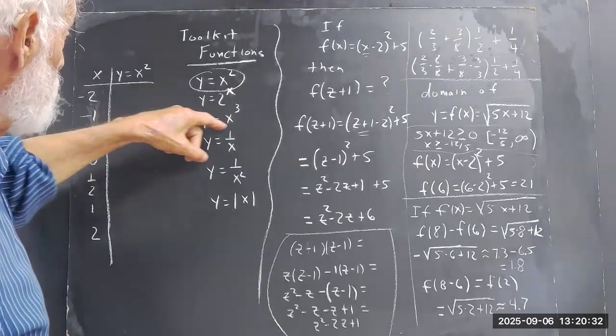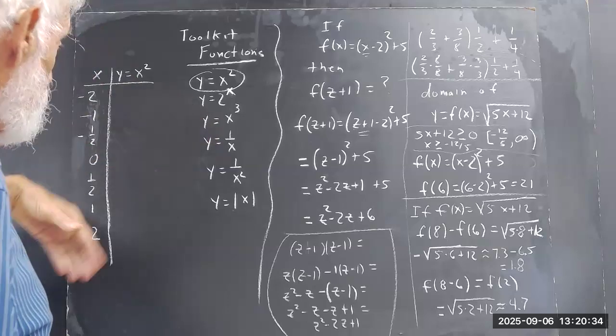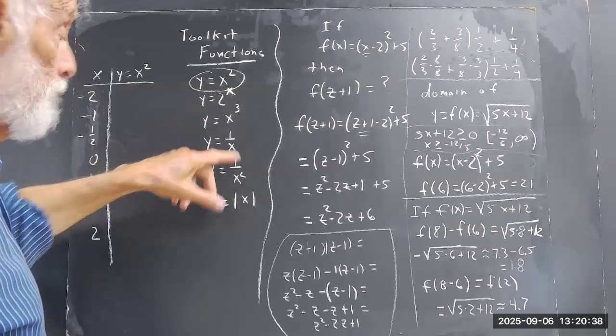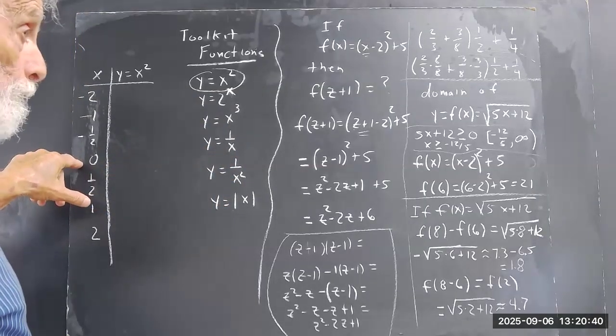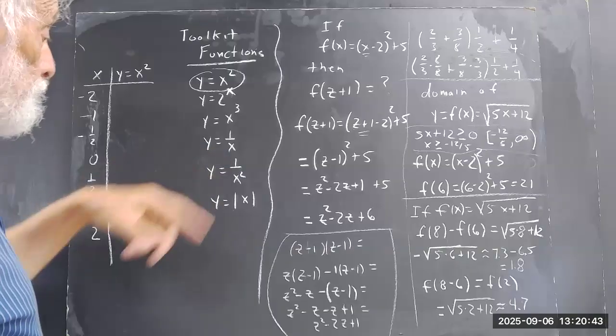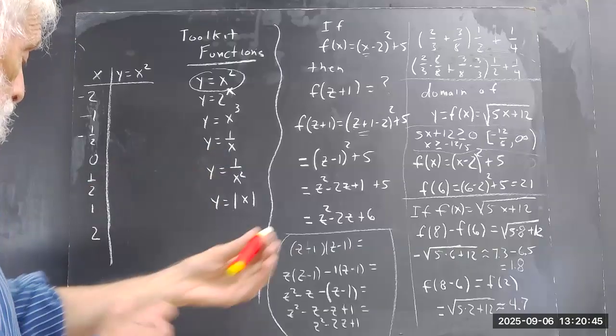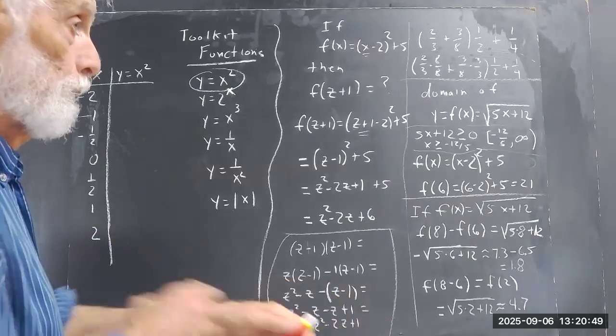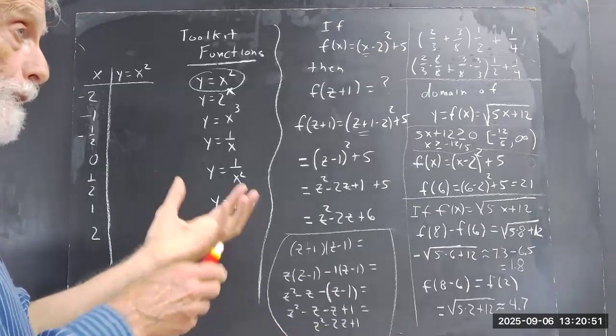Okay? Y equals x cubed, we can evaluate these, and 1 over x. Well, 1 over x can't be evaluated when x is 0 because division by 0 is not defined. As I've explained, that can be understood very simply. If you count by twos, you get 2, 4, 6, 8, 10.